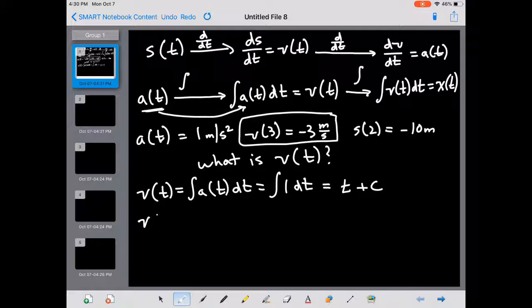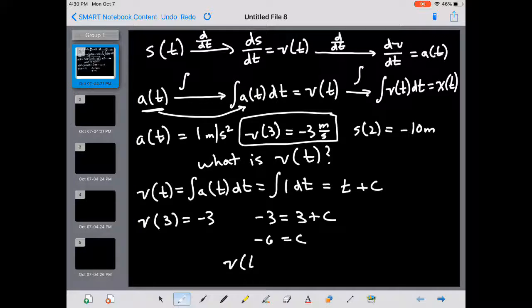So let's plug that in. Negative 3 is equal to 3 plus c, which means that c is equal to negative 6.